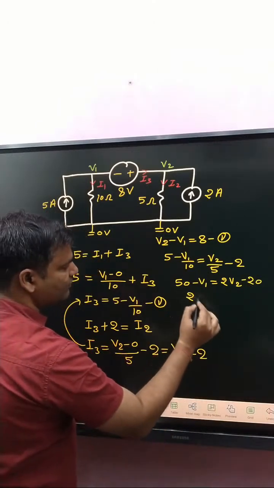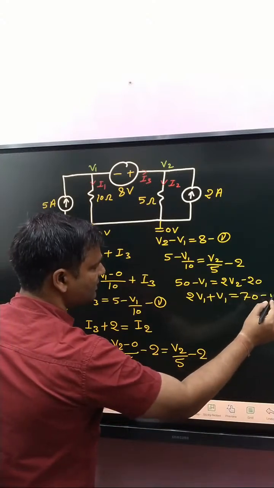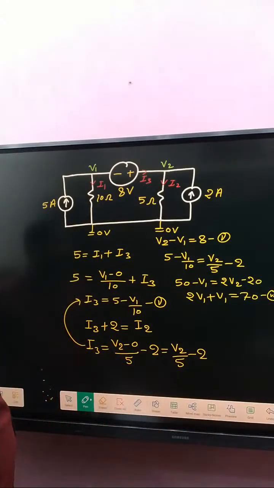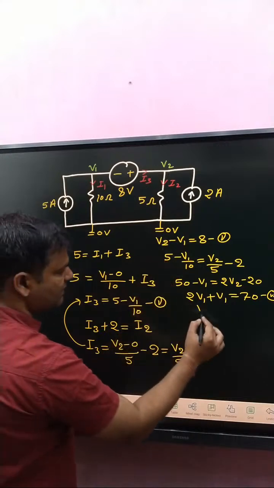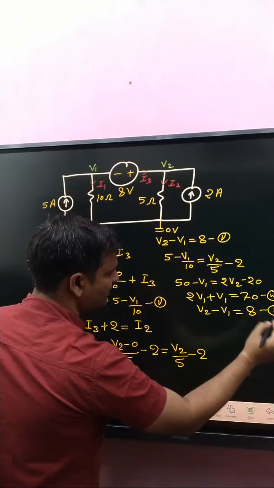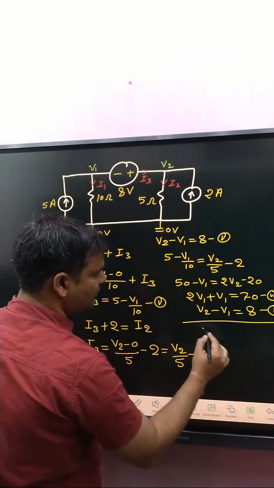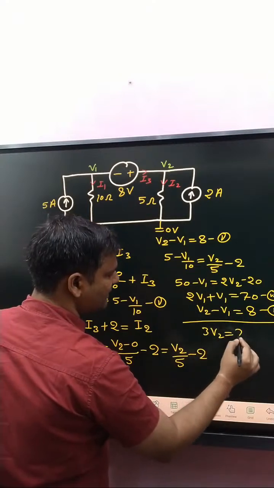So 2V2 plus V1, this is equal to 70, equation number 2. Now here written V2 minus V1, I have already done. Equation number 1, both are adding, then we got how much? 3V2, this is equal to 78.